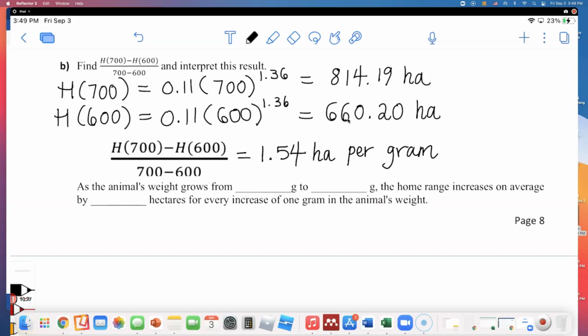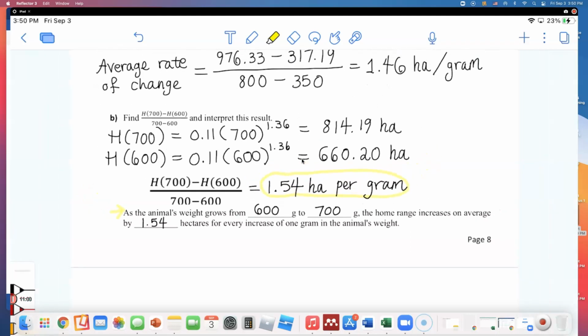What does this mean? As the animal's weight grows from 600 grams to 700 grams, the home range increases on average by 1.54 hectares for every increase of 1 gram in the animal's weight. Just like the unit we put on here, that is how we interpret this average rate of change.